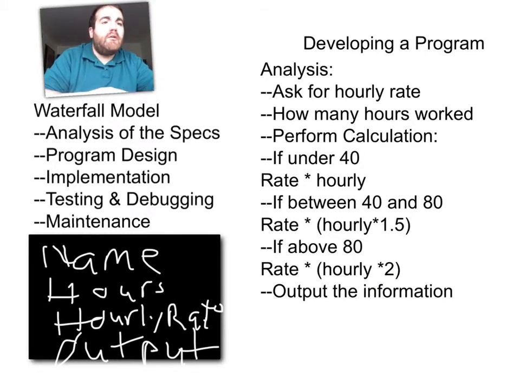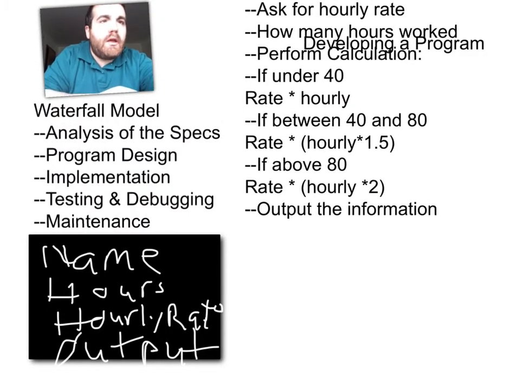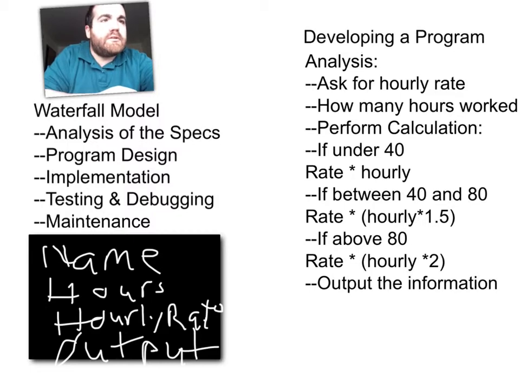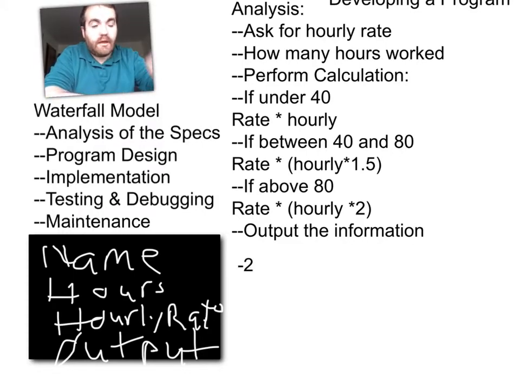Testing and debugging, you would want to then, for your testing, choose 4 or 5 testing spots. That could include -2 hours, because that will produce a negative result, and you don't want that.